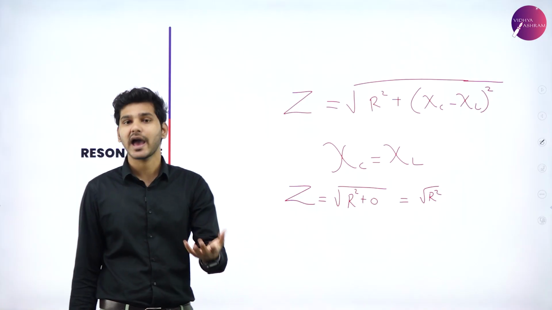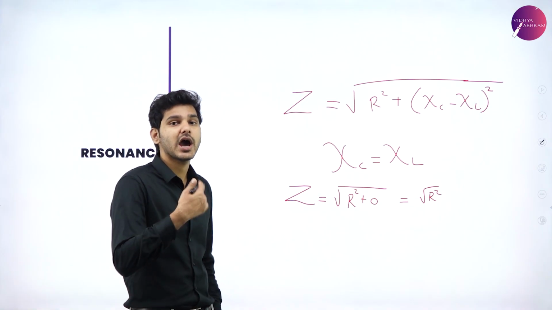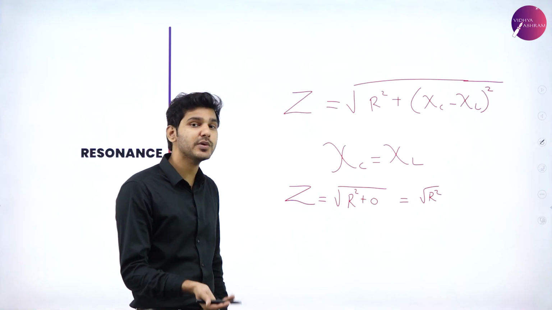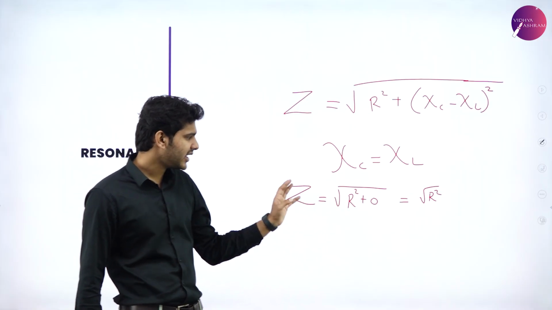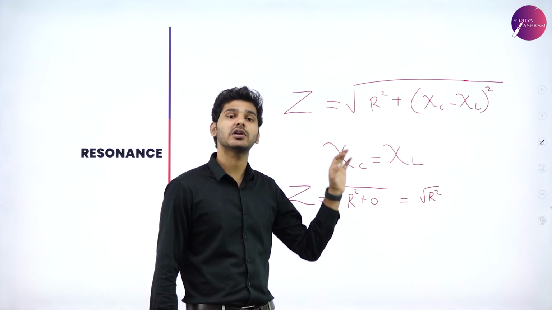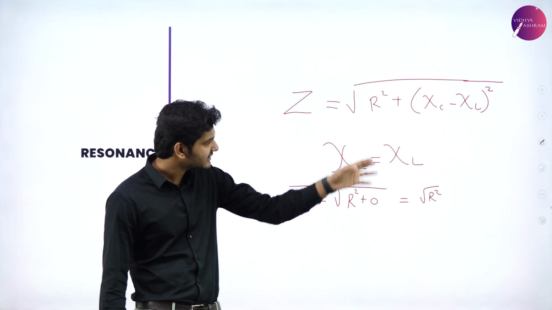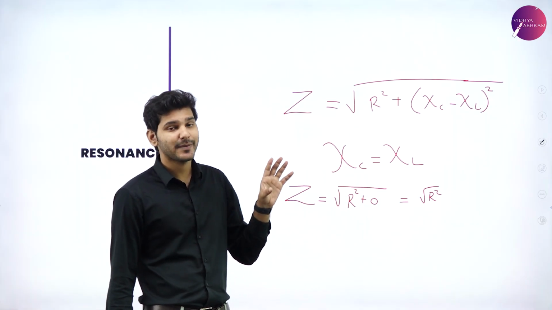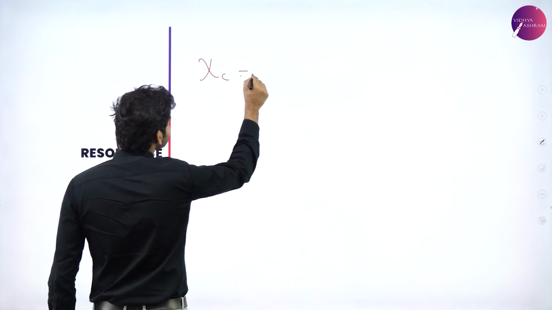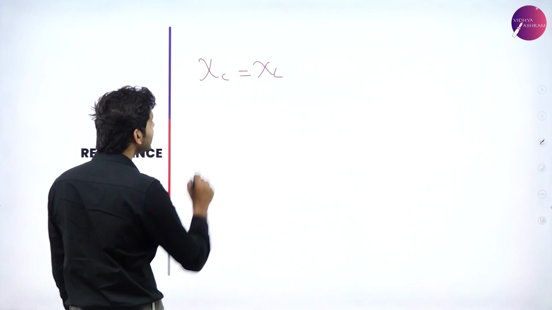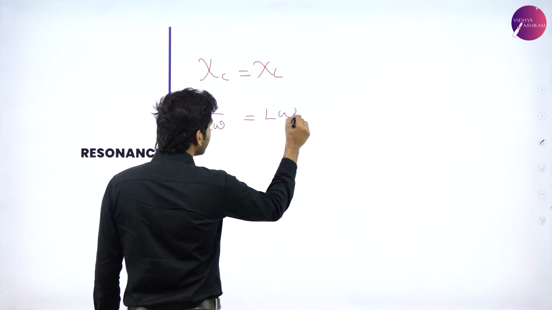Now we can also find under what frequency the resonance condition happens. This is the physical aspect: when the circuit behaves like a purely resistive circuit, or when XC is equal to XL, resonance will happen. The mathematical equation can be written as XC equal to XL, so 1 by C omega will be equal to L omega.